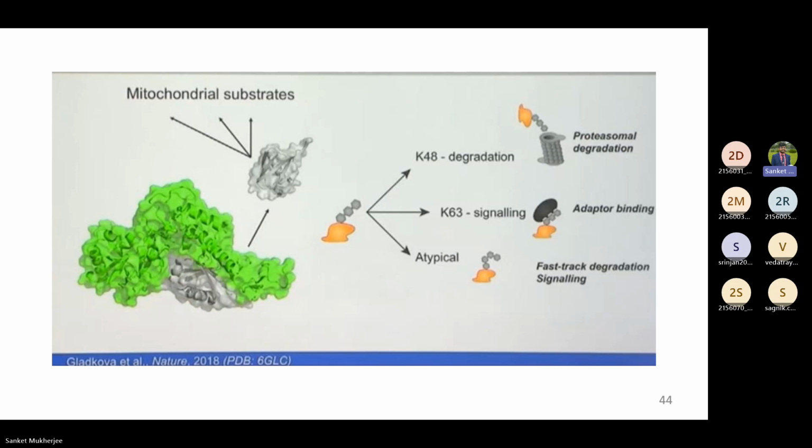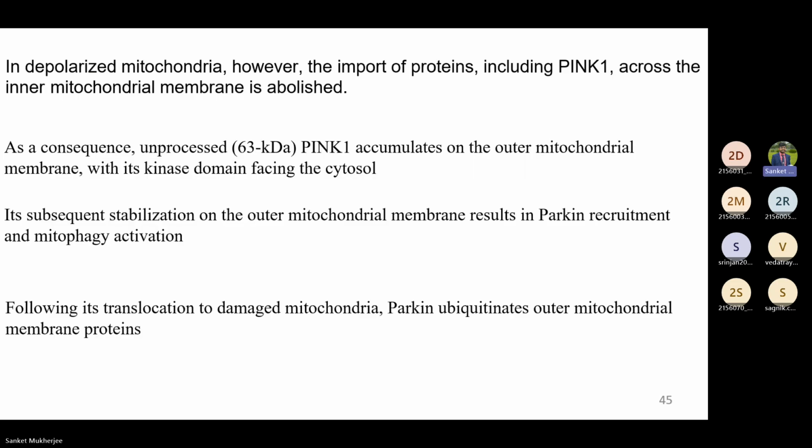And there are some atypical ubiquitinations also, which lead to fast track degradation. Ubiquitination is also important outside the mitochondrial context. Let's say if some lysines are ubiquitinated, it leads to DNA repair and some things like that also. It's not that ubiquitination always leads to degradation, but definitely degradation has been very well studied in this context.